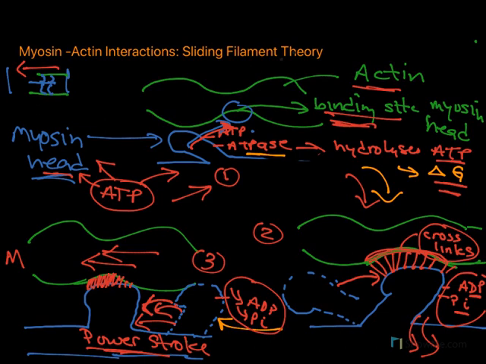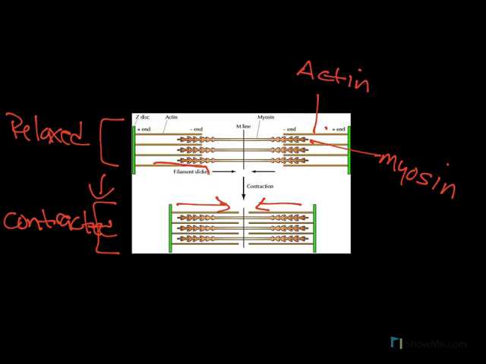So the crosslinks break and the myosin becomes unattached to that actin. And so this is how these interactions occur. This is how muscle fibers go from relaxed state to contracted phase.